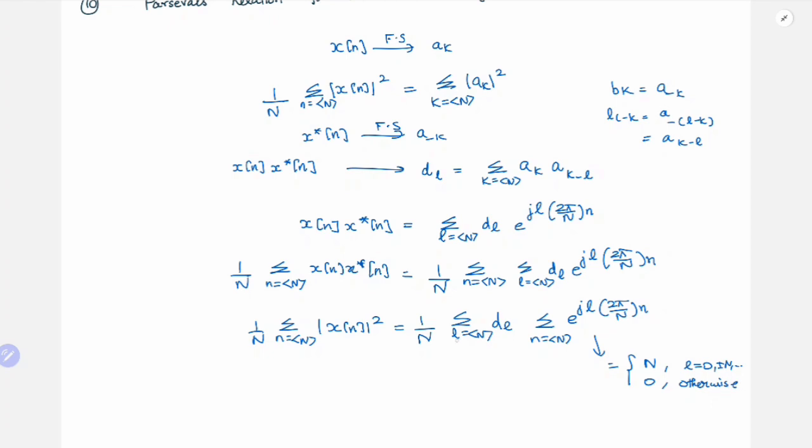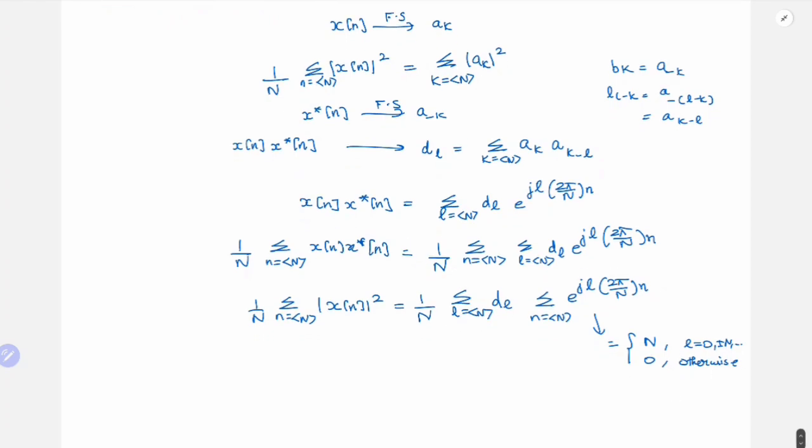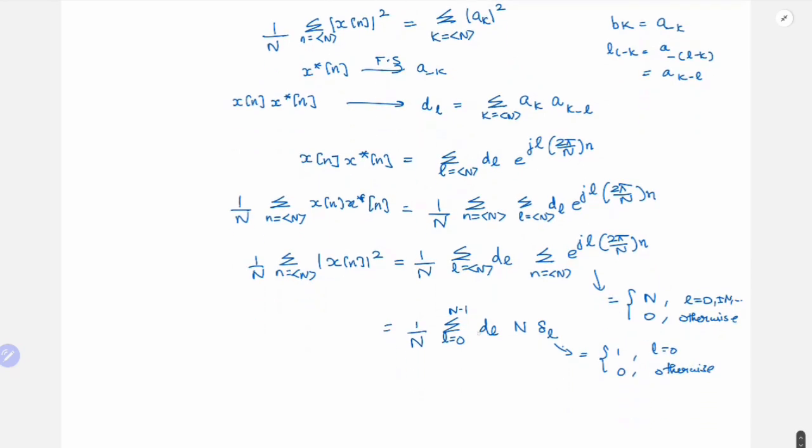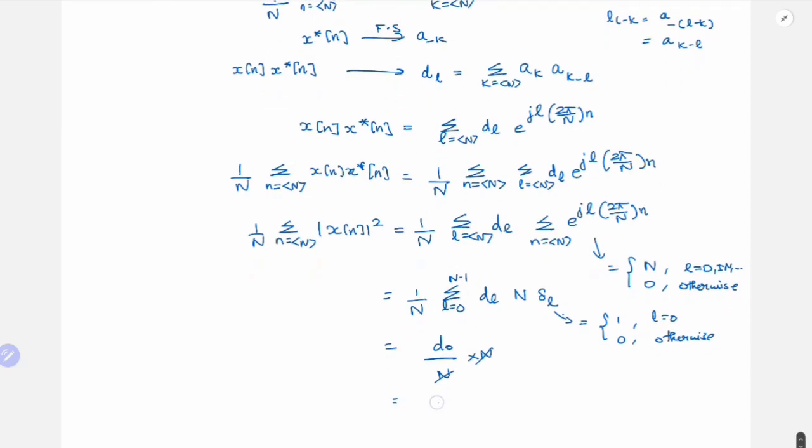I'll consider only l equal to 0 because the sum is over any period of N, and I take l equal to 0 for convenience. So what will I be left with? Summation l equal to 0 to N minus 1 of dl N into delta l. Delta l is equal to 1 if l equal to 0, 0 otherwise. So in this summation only my d0 term will survive. So I'll get d0 by N into N, so it will be d0.